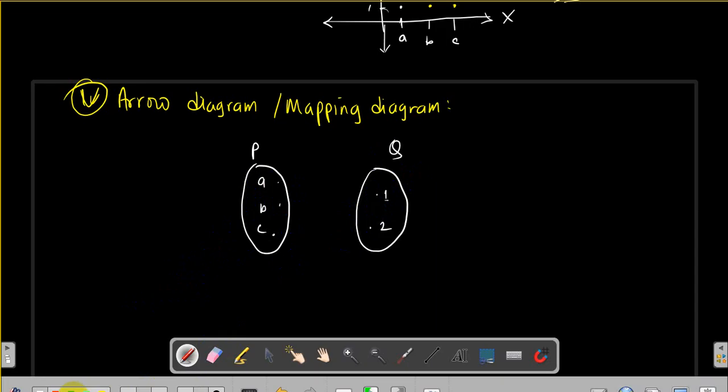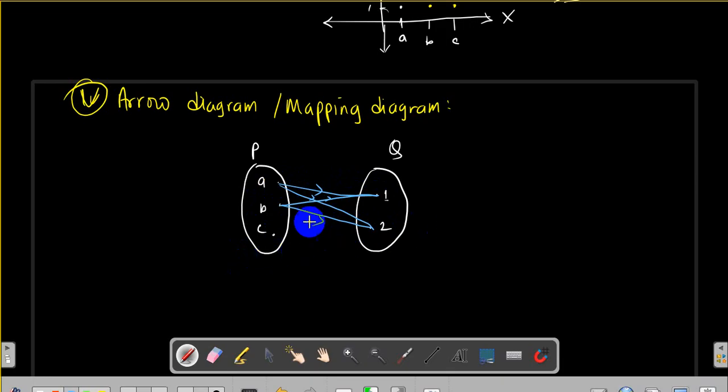Now whenever the elements are mapped, A will map with both the elements of Q: A maps to 1, A maps to 2, B maps to 1, B maps to 2, like this.